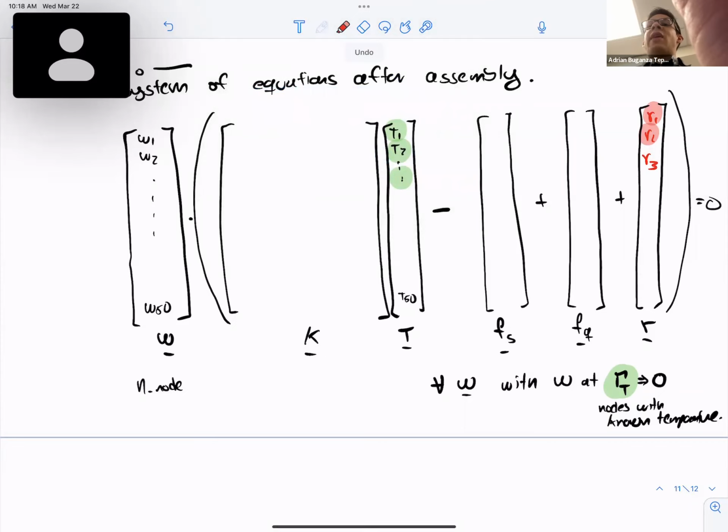So any node for which you have an essential boundary condition has an unknown reaction. So that R vector will have unknown reactions for those nodes. Other than that, it will be 0. But for those nodes, we know that the W is 0, so the equation is still satisfied.